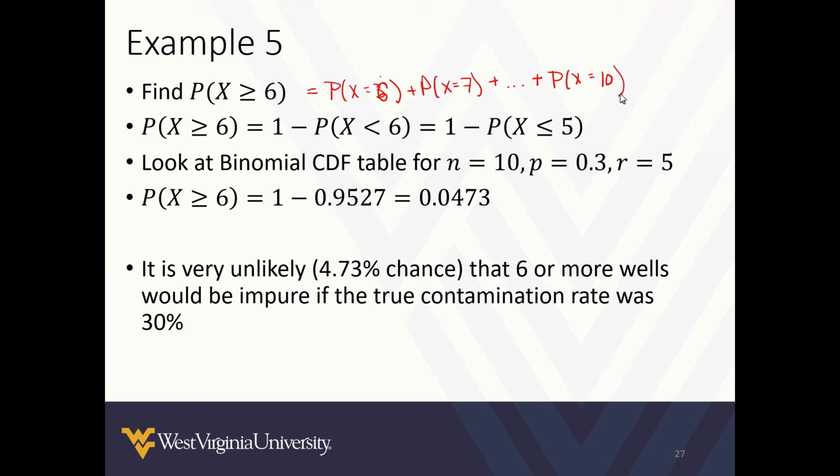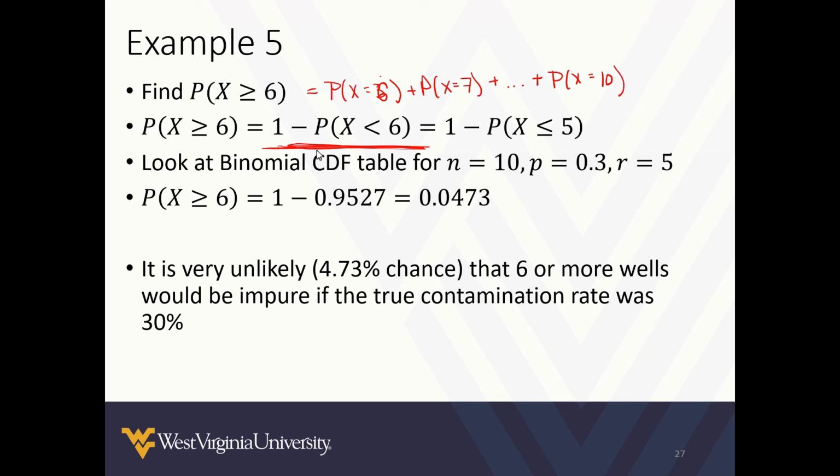That is, of course, rather inconvenient. So our best option is once again to use the binomial distribution table. The issue with this, of course, is that it gives you the probability of X less than or equal to a value. So we have to employ the complement rule.